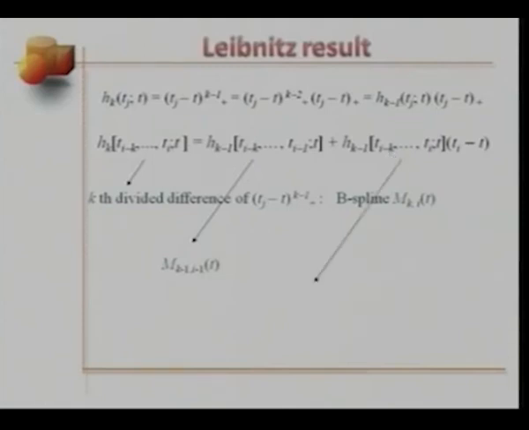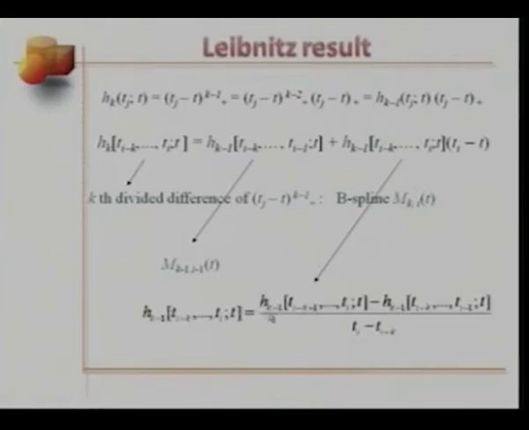Okay, so hk-1[ti-k up till ti : t] can be written as hk-1[ti-k+1 going up till ti : t] minus hk-1[ti-k+1 up to ti-1 : t]. Both of these are k minus 1 divided differences over ti minus ti-k. This is this knot span here.